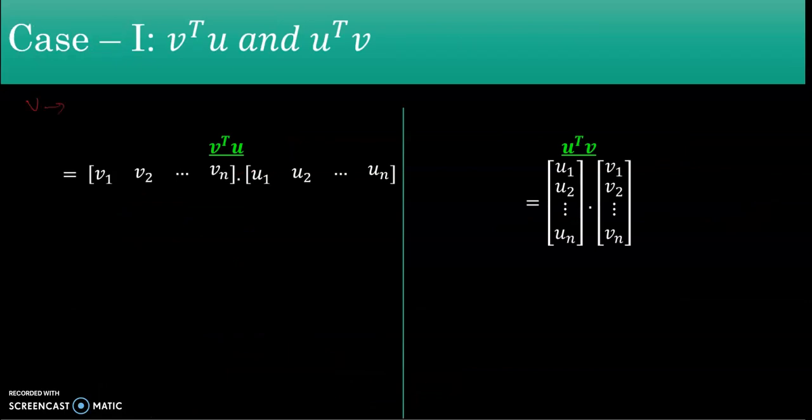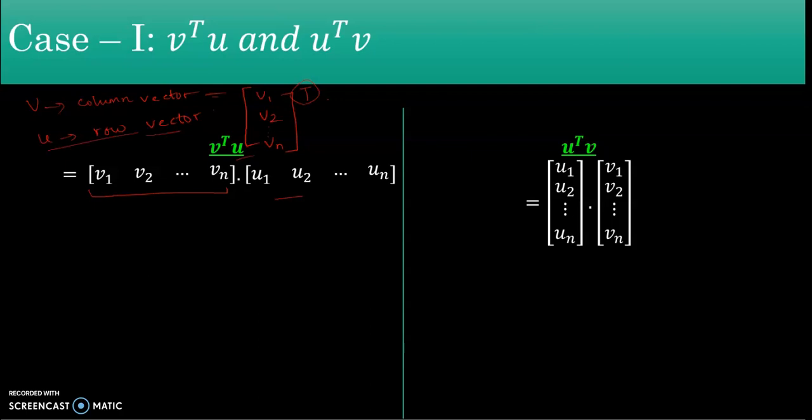We have considered v as our column vector and u as our row vector. If we remember, in the previous slide we considered v1, v2 up to vn. If you take the transpose of this column vector, it will be represented in row format, and you are multiplying it with another row vector.